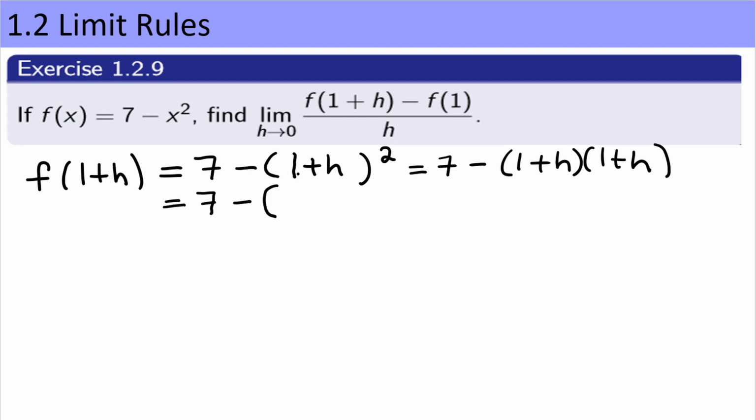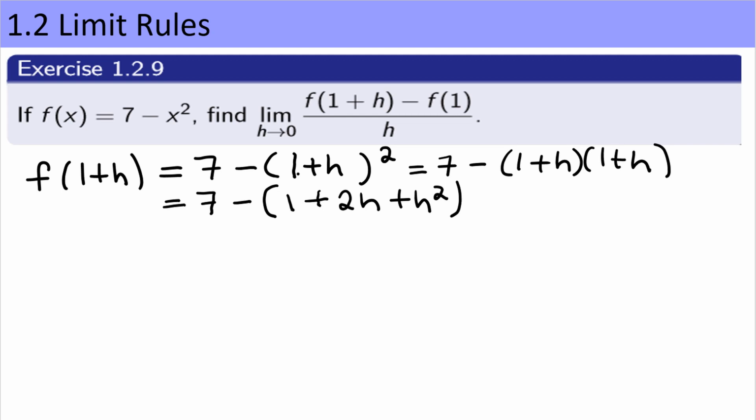Multiply this using the FOIL. So first terms together, it'd be 1 times 1. And then the product of the outside terms is h. The product of the inside terms is h. And when you add those, that's 2h. And finally, the last terms, h times h, is h squared.